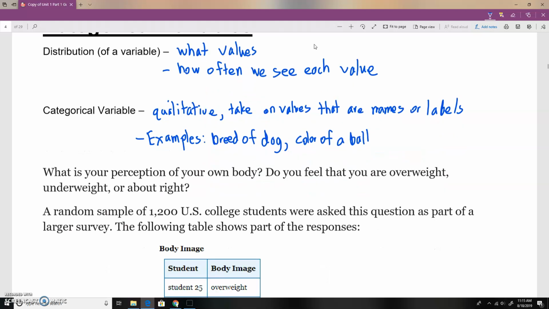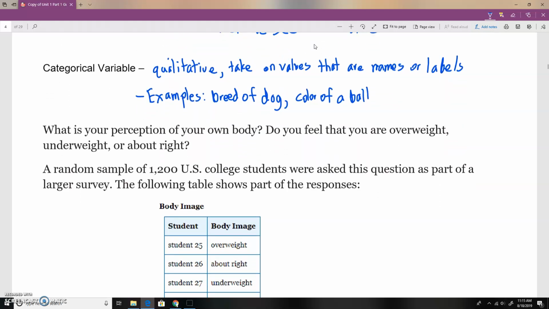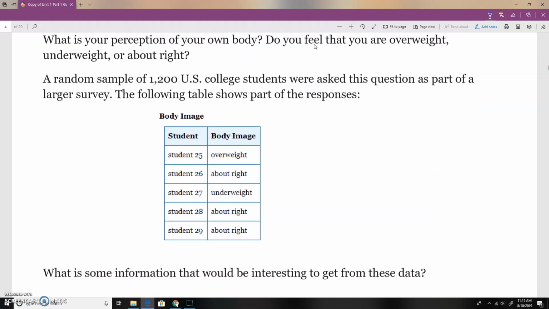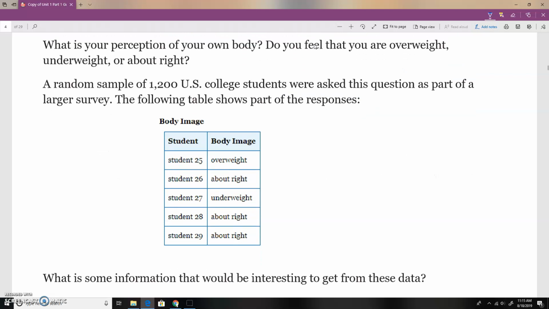Here you'll see we have a set of data. This is just a sample from 1,200 college students that we asked about their body image. And each student gave us either overweight, about right, or underweight. Those would be our categorical variable. Okay, body image.